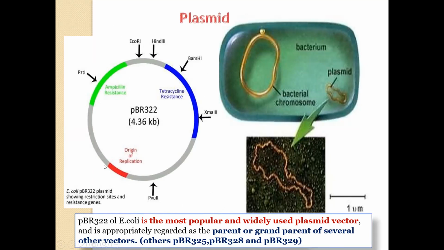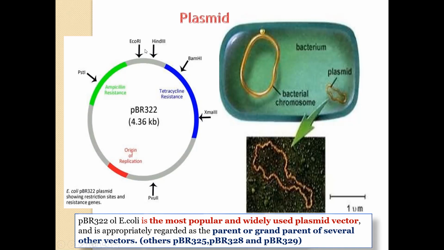This is necessary in a vector so that it can be multiplied and we can get a number of copies. It has two resistance genes, ampicillin resistance and tetracycline resistance. Later on, this can be useful to identify whether it is recombinant or not.